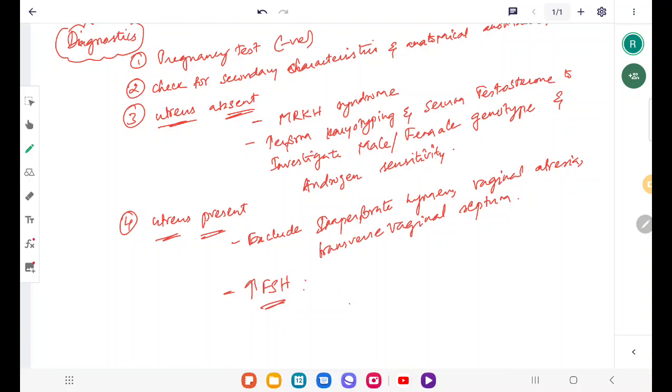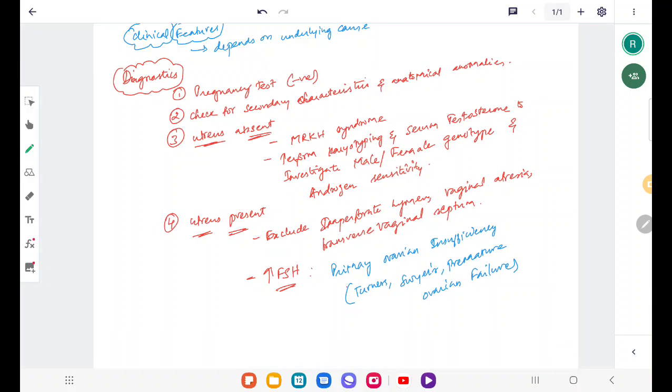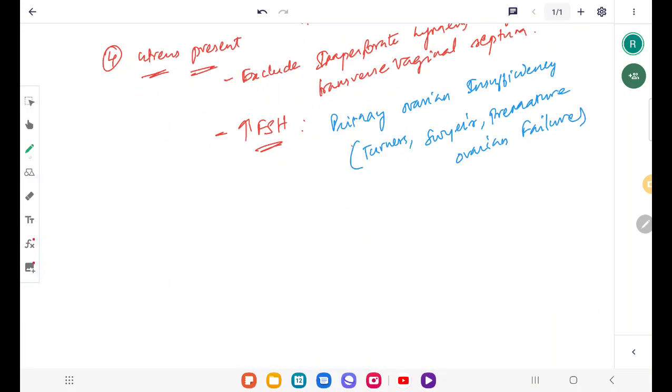If the levels of FSH are high, it could be primary ovarian insufficiency. In case of Turner syndrome, Swyer syndrome, and premature ovarian failure, these are some of the cases where there would be increased secretion of the follicle stimulating hormone.